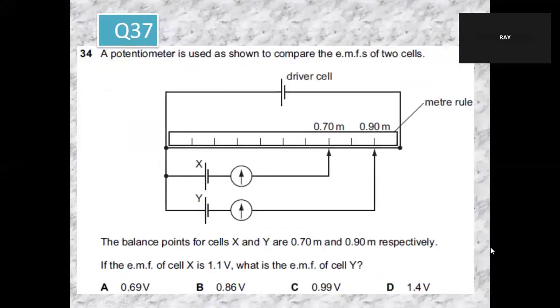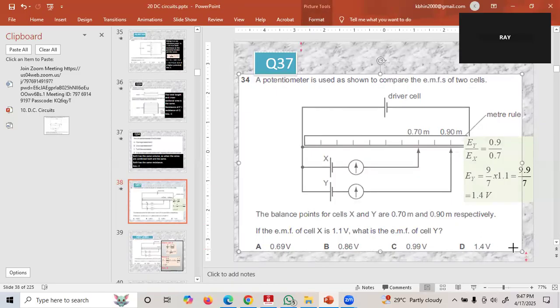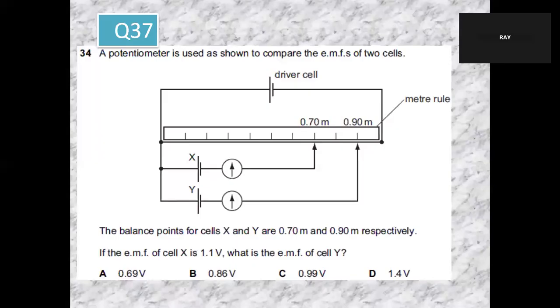How about this one? This potentiometer: for this cell, the balance point is 0.7.